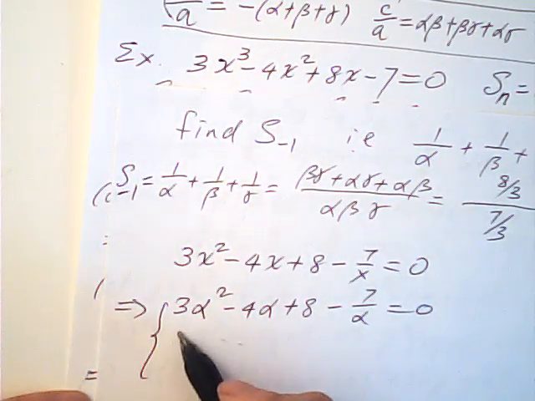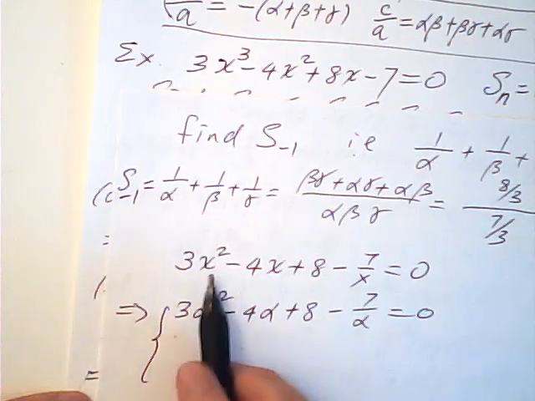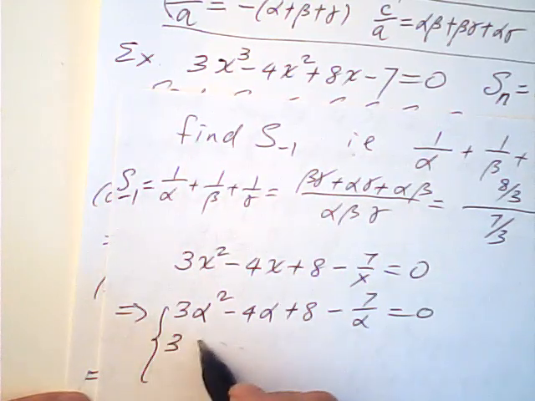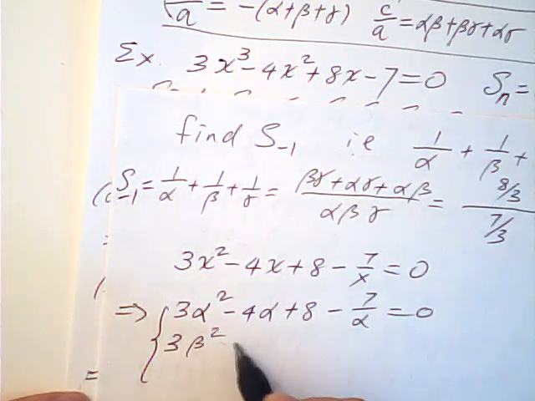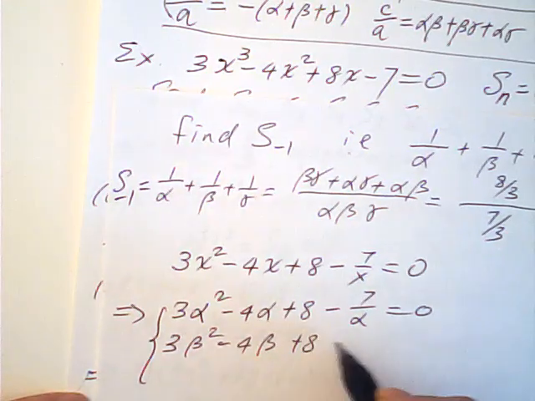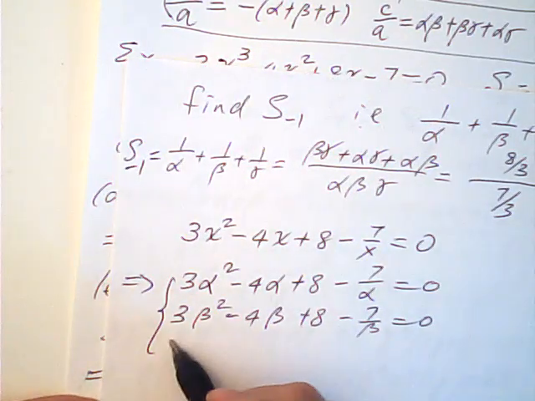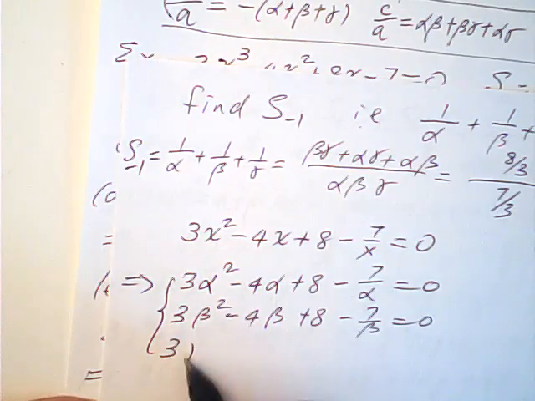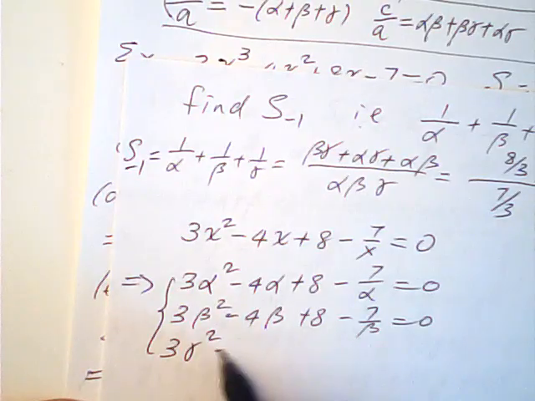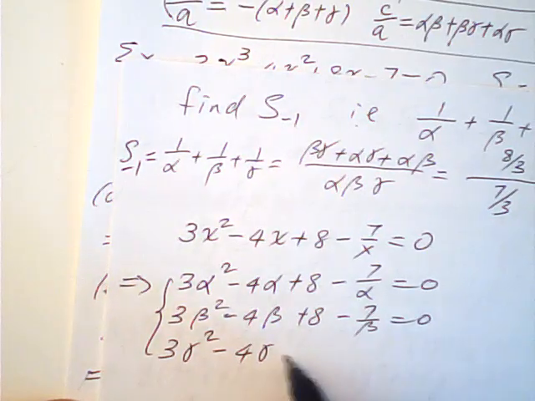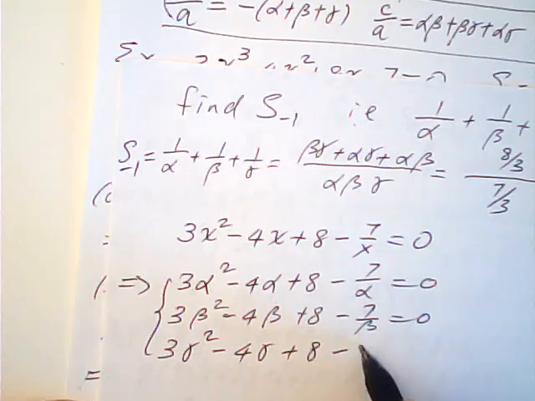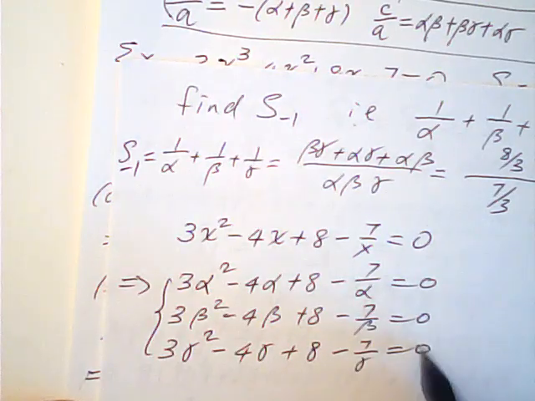At the same time we can replace x by beta, and it's also true because beta is a root: 3 beta squared minus 4 beta plus 8 minus 7 over beta equal to 0. And the same when x is replaced by gamma: 3 gamma squared minus 4 gamma plus 8 minus 7 over gamma equal to 0.